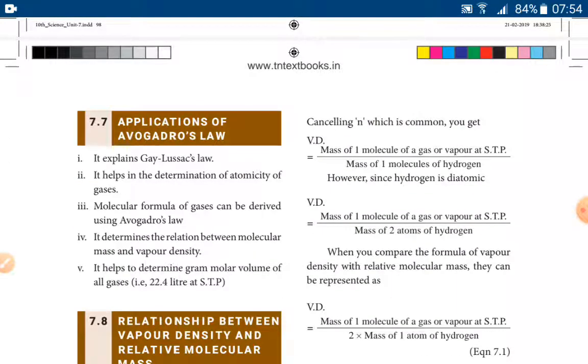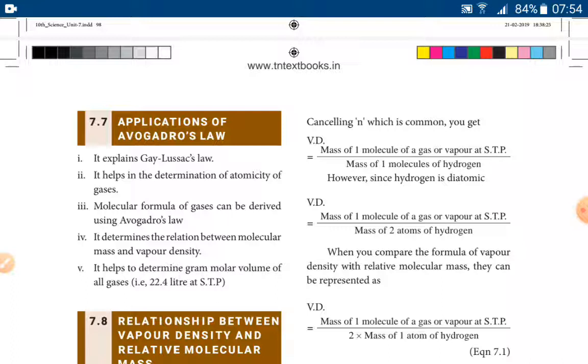And what are the applications of Avogadro law? There are 5 applications. This is also an important topic and will be asked in the exam. Avogadro law explains 5 things. First, it explains Gay-Lussac's law, and it helps to determine the atomicity of gases.